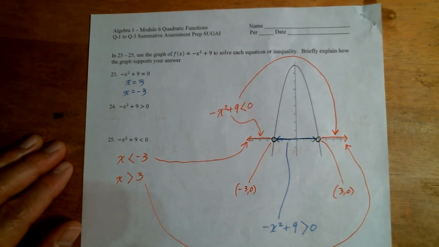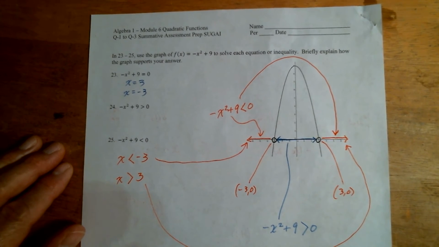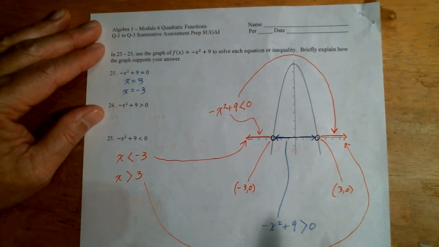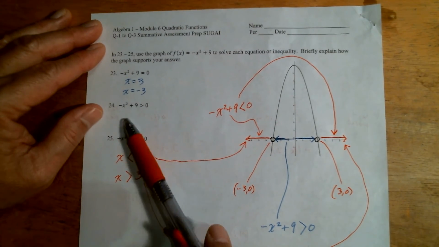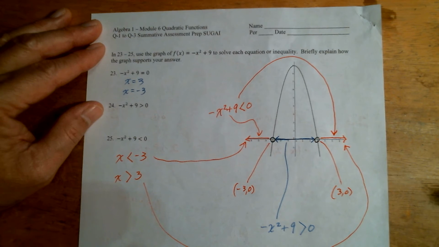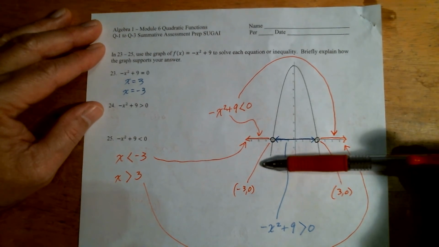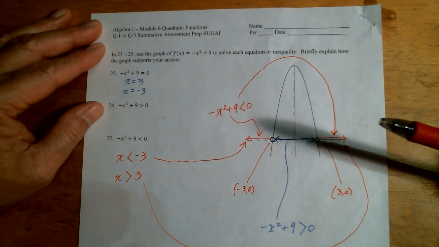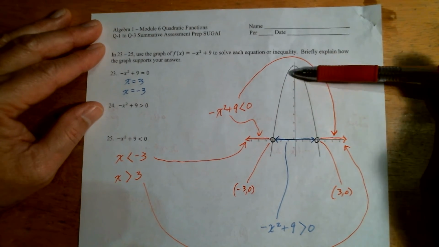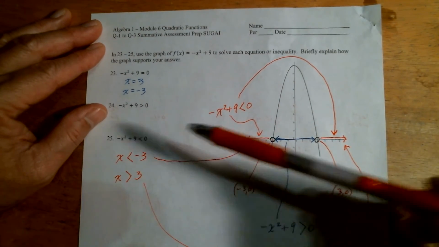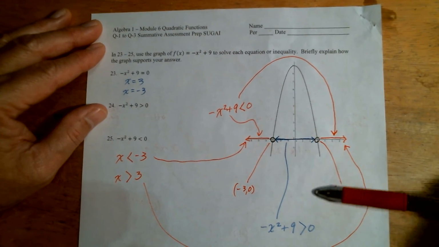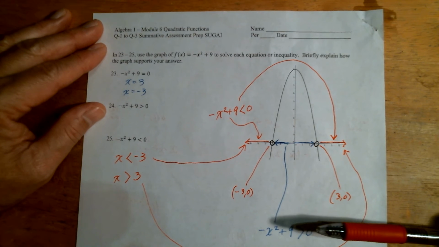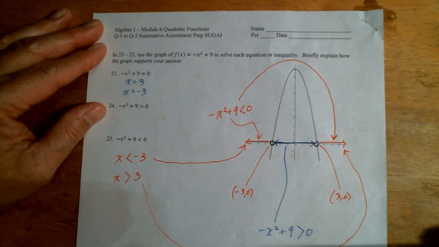Inequalities are a lot harder actually. For 24, negative x squared plus 9 is greater than 0. Negative x squared plus 9, this is the function. If you make it greater than 0, let's take a look at this.